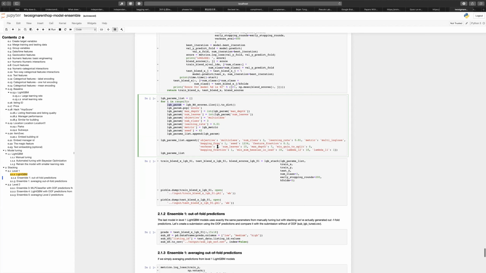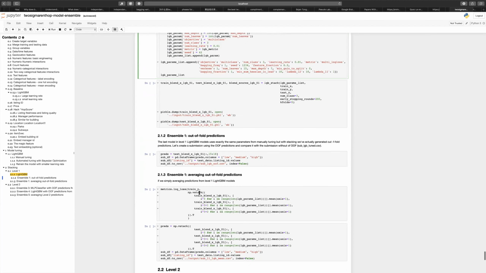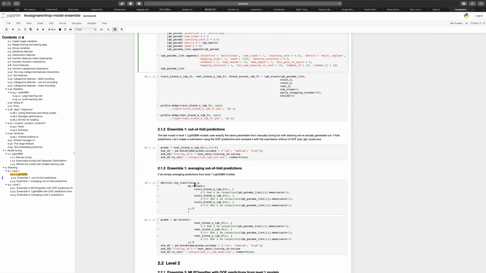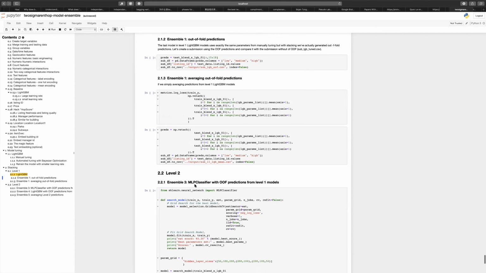Therefore, we can train 5 models using the stacking schema, and then combine them in different ways. First, we can simply average the out-of-fold predictions.